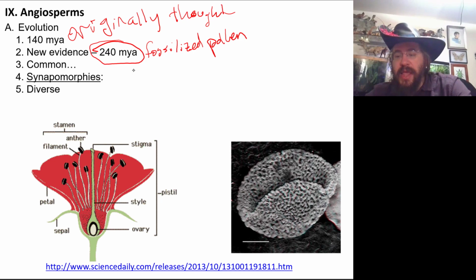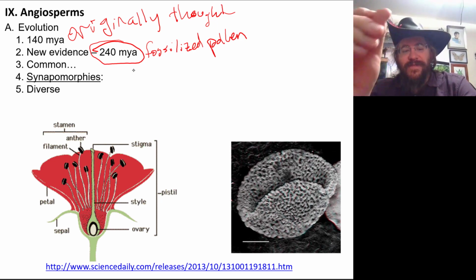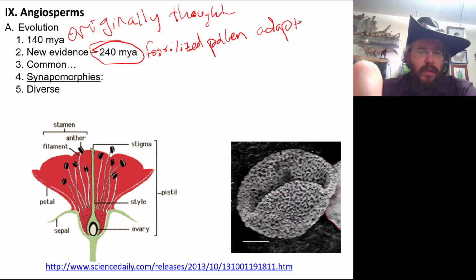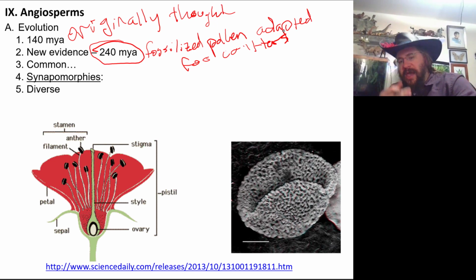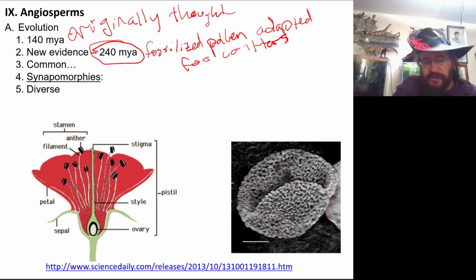The pollen grains that had the critter vector. Pollen adapted for critters. That is, really, you have to kind of just believe me that spells critters.